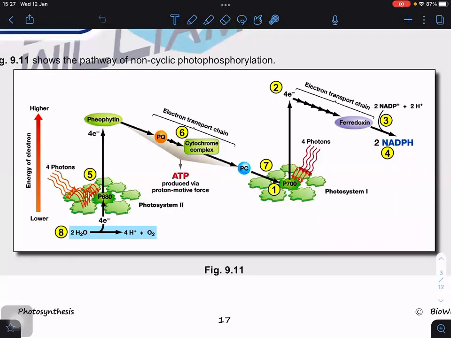So this NADP, together with the hydrogen ions and the electron, combines to become reduced NADP. Write down, this one is reduced NADP. The enzyme involved here is NADP reductase. I will draw it later, so write down first.